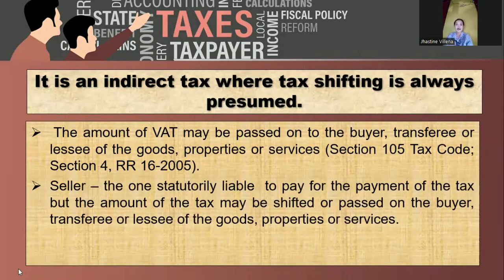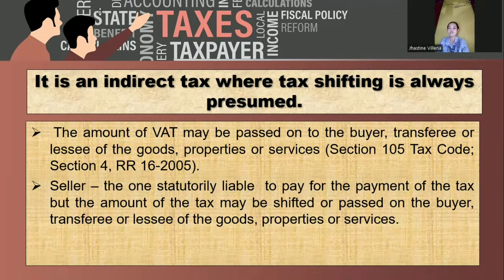So the amount of VAT may be passed on to the buyer, transferee, or lessee of the goods, properties, or services. Meaning, the VAT will be transmitted because the amount of value-added tax may be passed on to the buyer. Since the seller will be the collecting agent of the BIR, remember that taxes are being remitted to the BIR because it is the agency of the government in charge of tax-related matters.